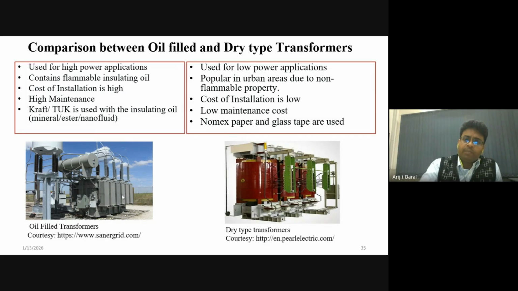The problem is that if you're dealing with an oil paper transformer and a dry type transformer, the insulation in both is dielectric material, but the dipoles present in each of them are different. So the response to DC or variable frequency AC for these two types of transformers varies.